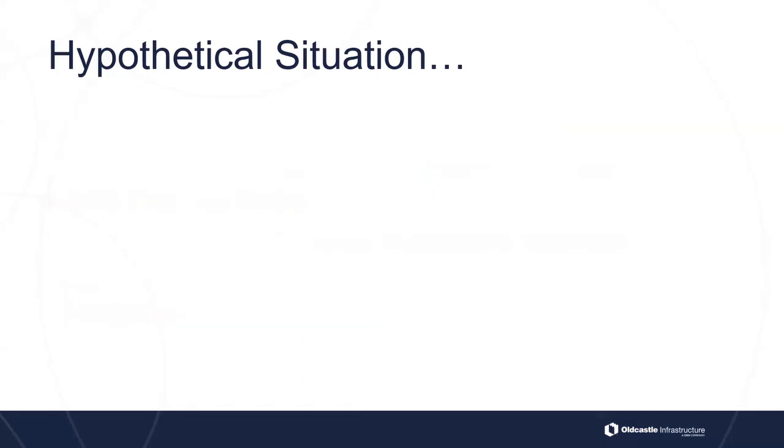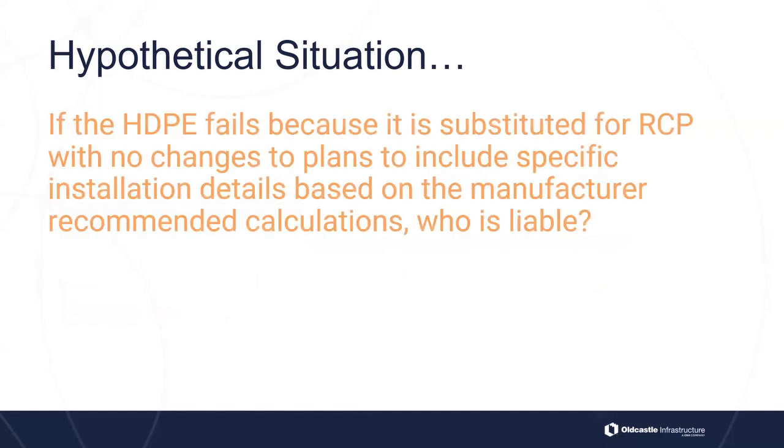And the last question, the one that really keeps me up at night and concerns me, is: if the HDPE fails because it is substituted for reinforced concrete pipe with no changes to the plans to include specific installation details based on the manufacturer recommended calculations and the recommendations in ASTM D2321, who is liable?